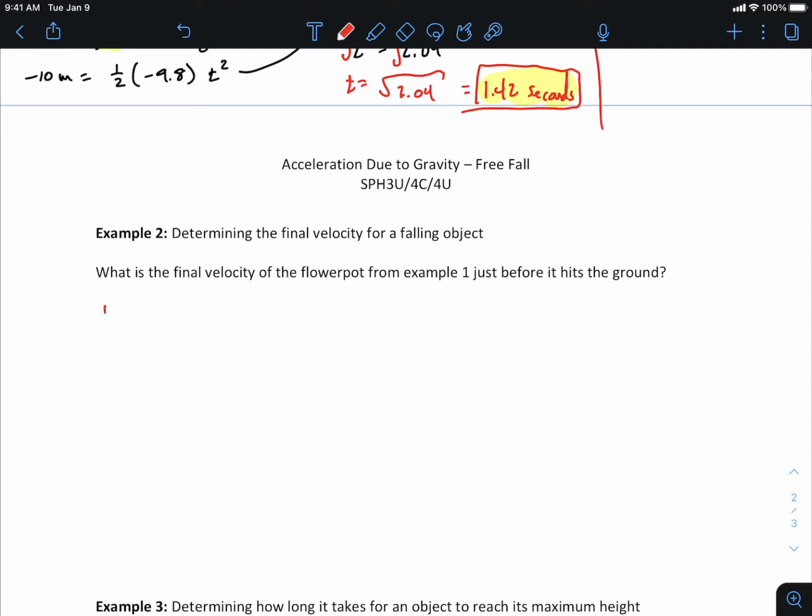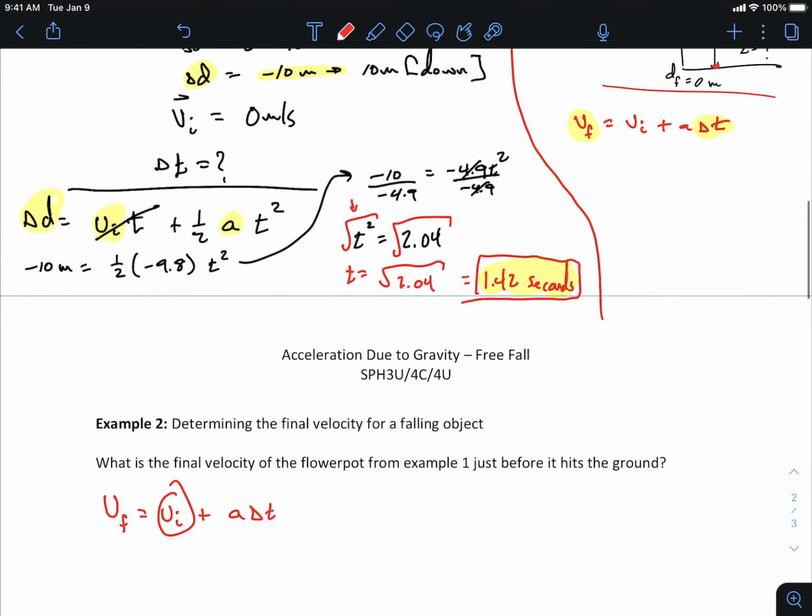Okay, so I'm going to use that equation. V final is equal to V1, I'm mixing them now, Vi plus a delta t. You know the change in time is 1.42, so you're just going to plug in your values. This hasn't changed, so you still know the initial velocity is 0.